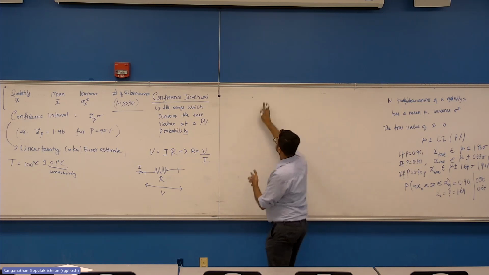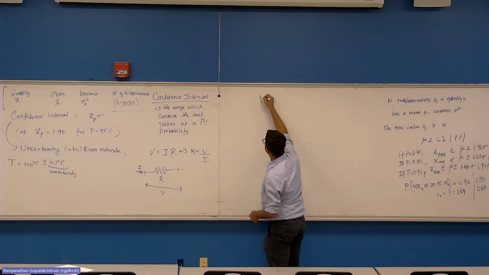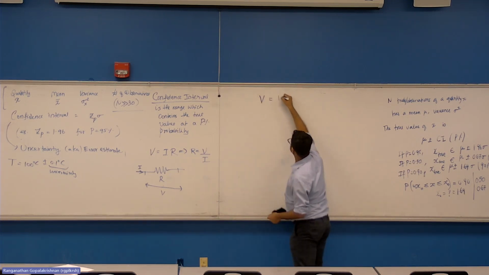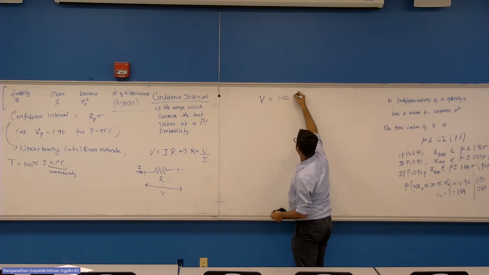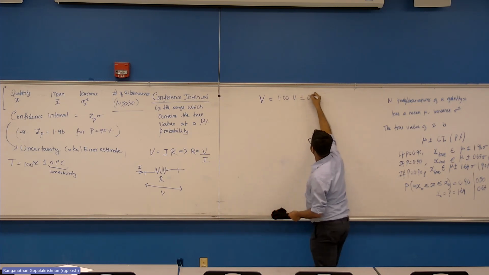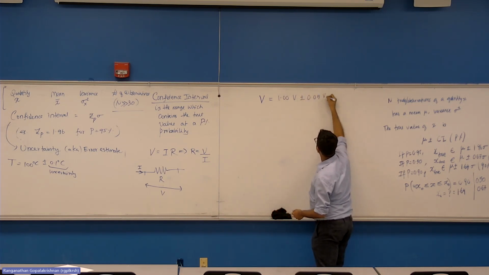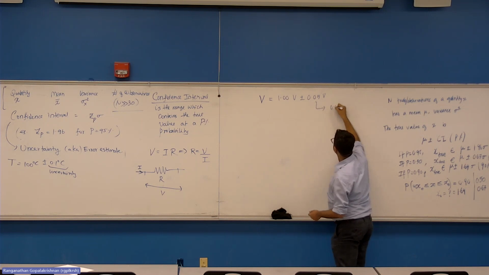Let's say our voltage measurement is 1.00 volt plus minus 0.05 volt, where 0.05 is the confidence interval on the voltage measurement.